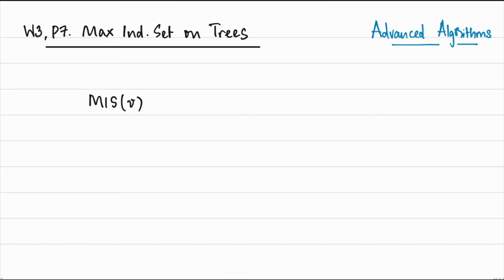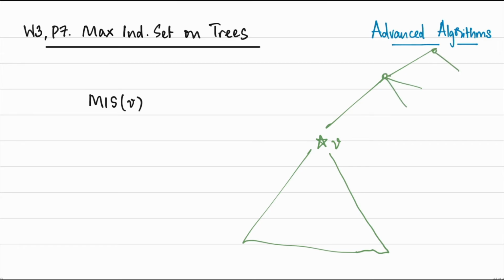So if I want to think about, I'm at a general place in this tree and I'm at a vertex V, and I'm looking at the subtree that is rooted at V, and of course the rest of the instance is further up here, but my focus is on this subtree.